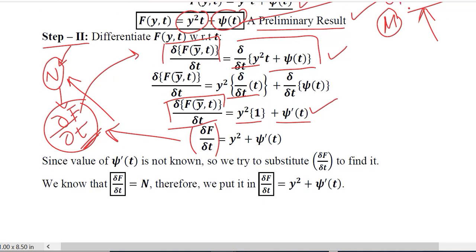Therefore, in the next step, we highlight that delta psi bar t is still unknown. However, we know the value of this, which is n, and n has a certain value that we can use in the steps ahead. So what we did is, instead of writing this, we are going to write n here.